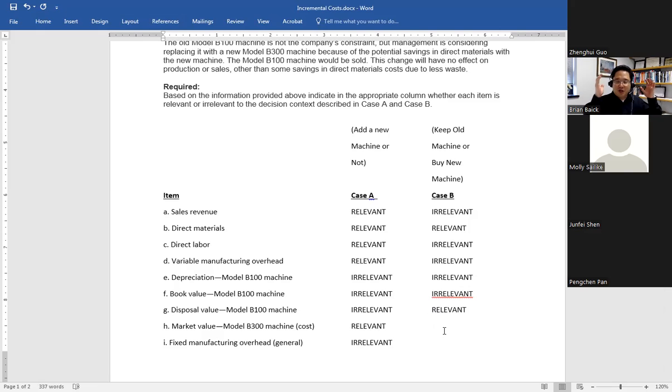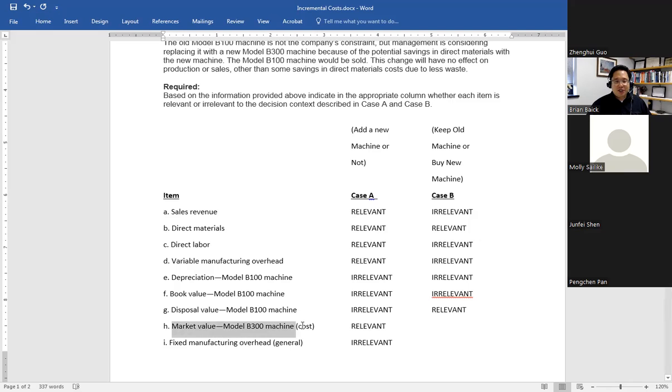So if you don't sell the old machine, you're not going to get the disposal value. If you sell and get a new machine, you will get the disposal value. The book value just means what it is on our books. That's not going to change. It is what it is. Disposal value, you will either get the money or not get the money.